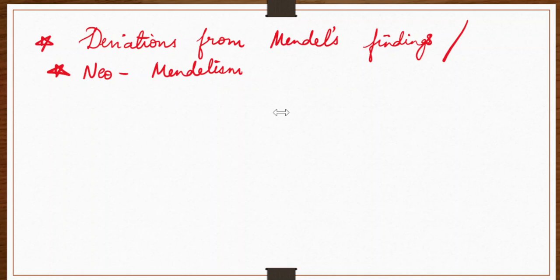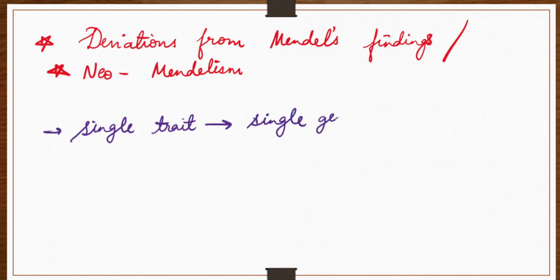Let us begin one by one. What Mendel told is that if there is a single trait, then there will be a single gene, and each gene has two alleles.